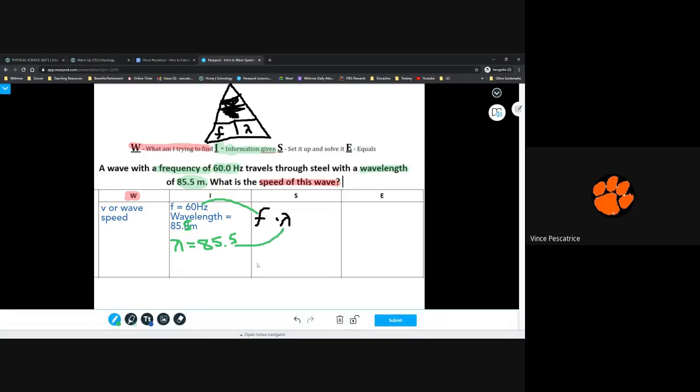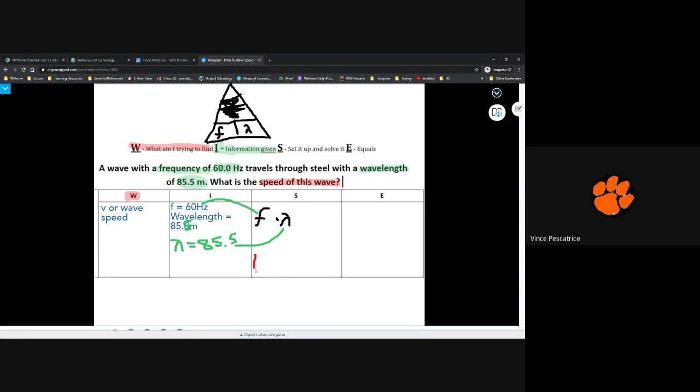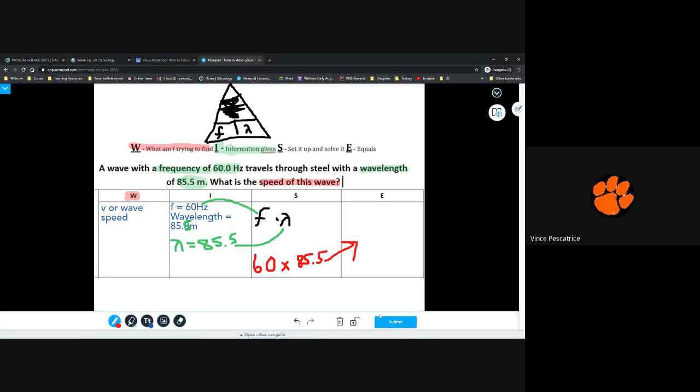So your final equation should read 60 times 85.5. Throw that in your calculator. Answer goes in the E box, but we're not going to do that part. So that's pretty simple.